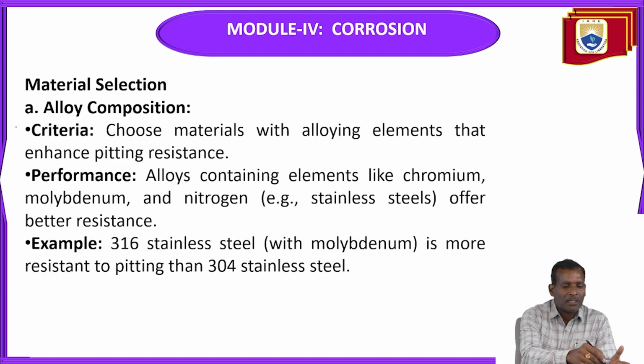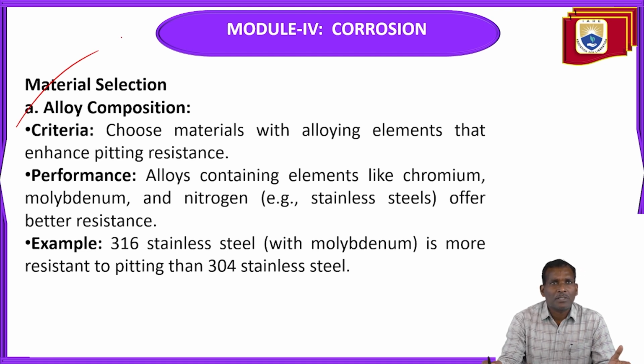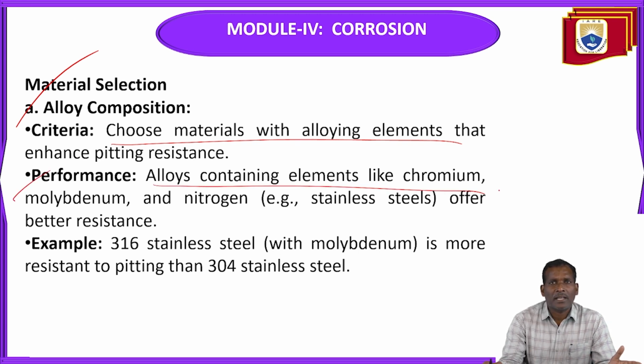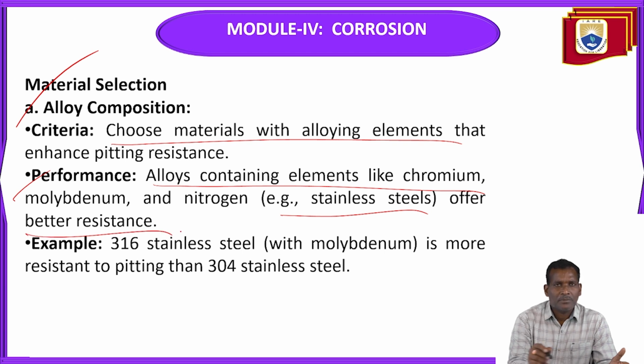So, material selection and alloy composition. The criterion is to choose materials with alloying elements that enhance pitting resistance. The performance is that alloys containing elements like chromium, molybdenum, and nitrogen, such as stainless steel, offer better resistance.